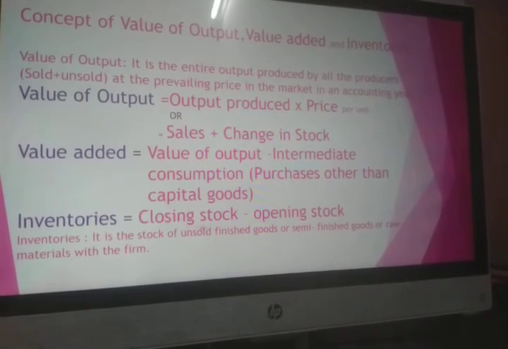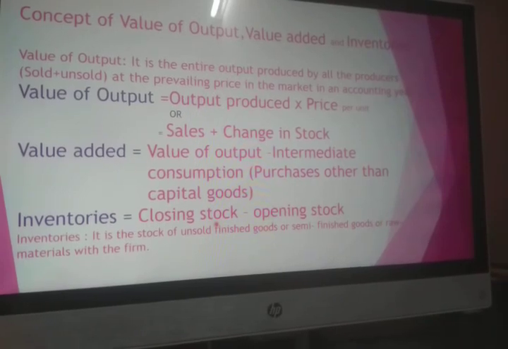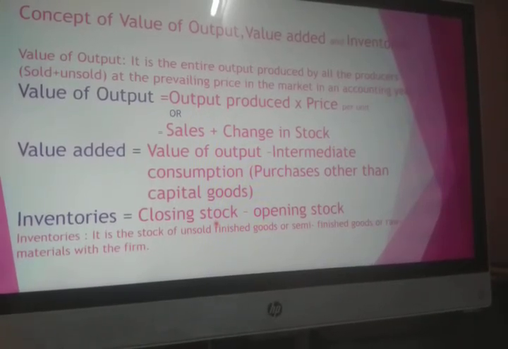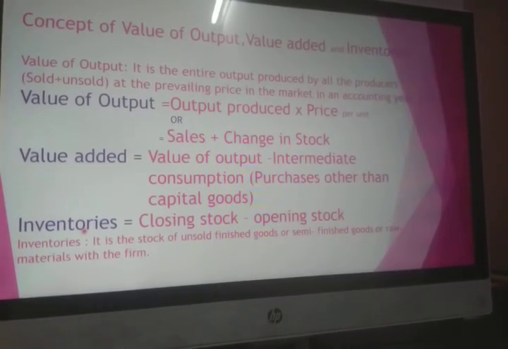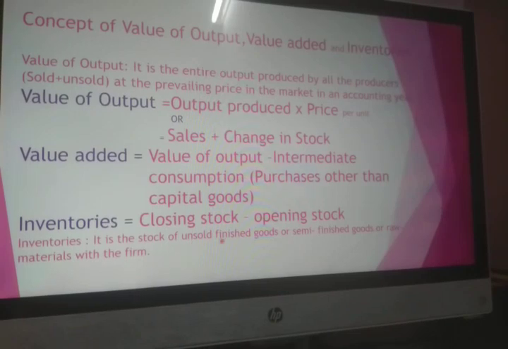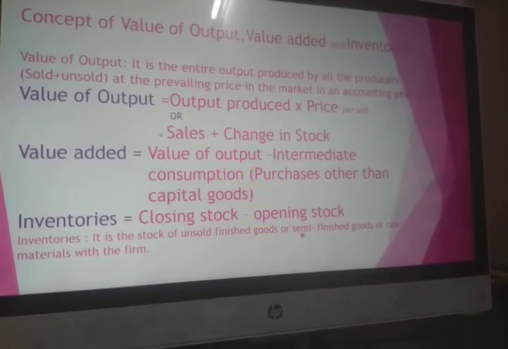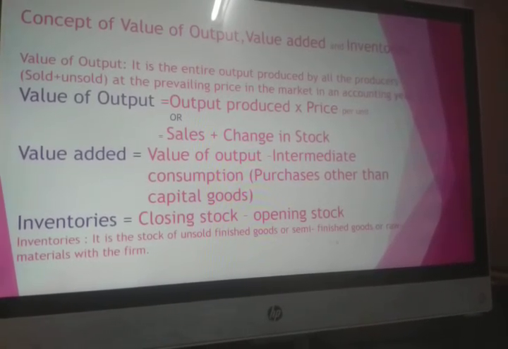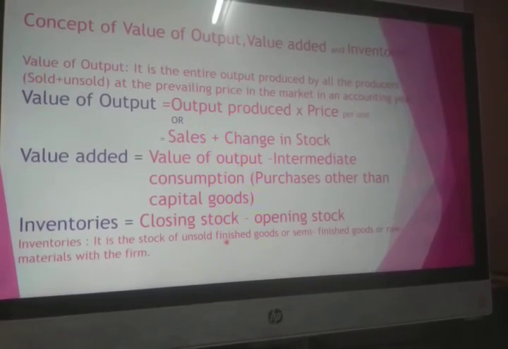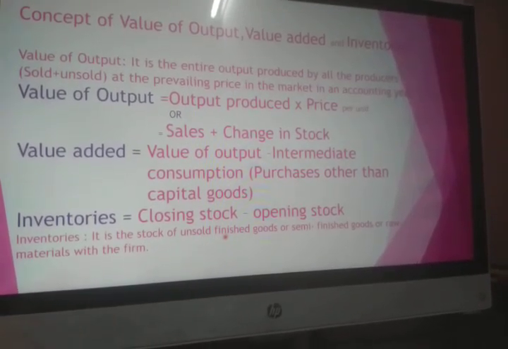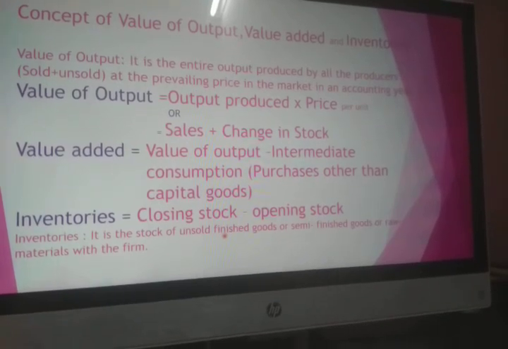So we can find out exactly how much addition of unsold stock is there with the producer during that particular accounting year. So remember, this inventory can be of unsold finished goods, or it can be of semi-finished goods, or it can be of raw materials which are there with the firms during the accounting year you're talking about.